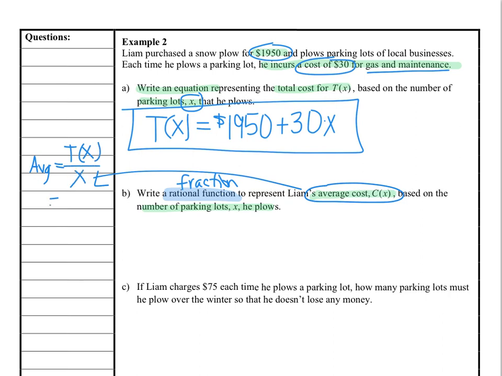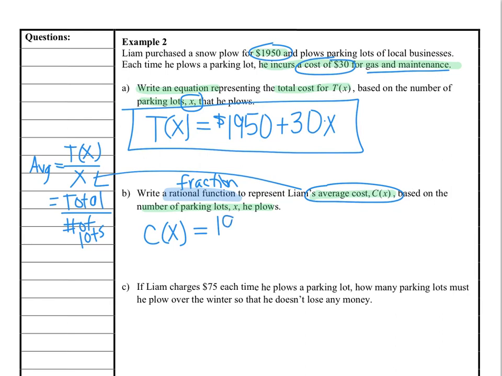So it's always the total cost of whatever the problem is divided by the number of, in this case, lots, which is x. Okay, so it's your total divided by x, or whatever the variable is that you're dealing with. So our C of x, our average cost, is going to equal the whole thing, so this whole total cost divided by x.